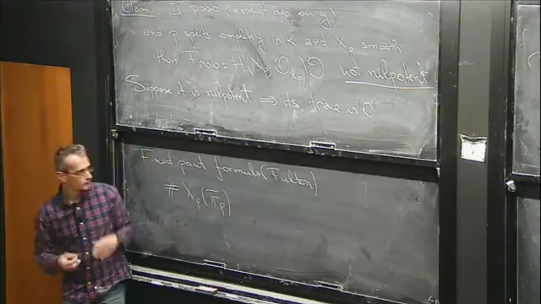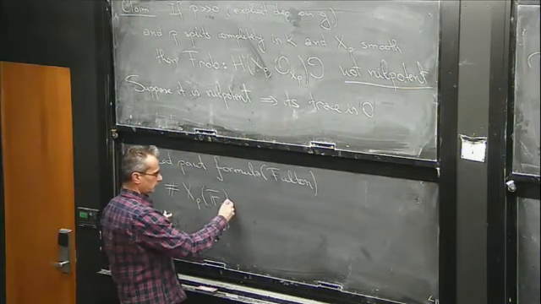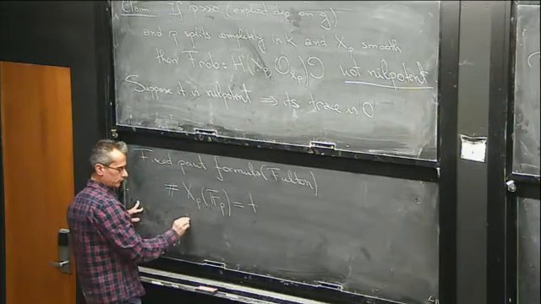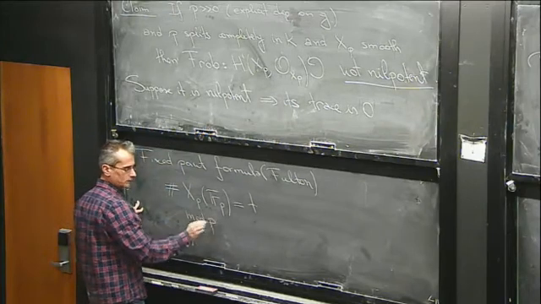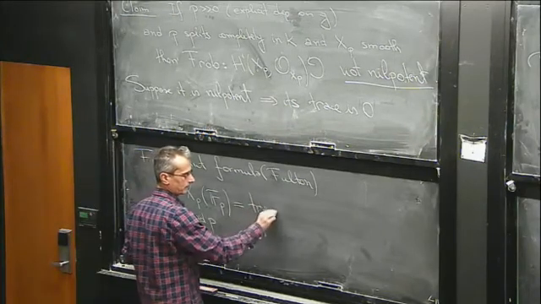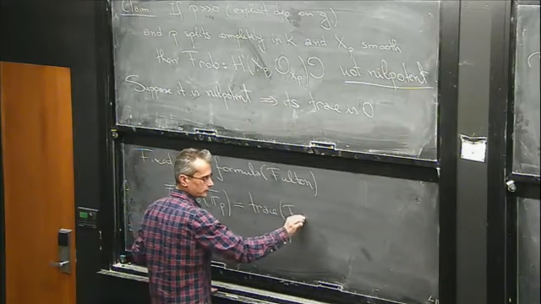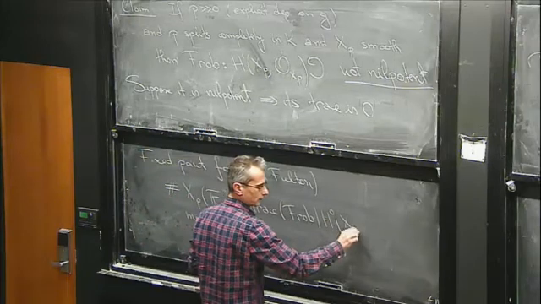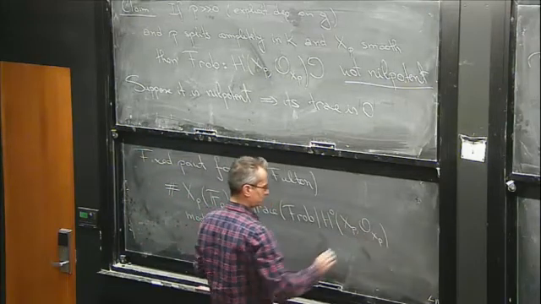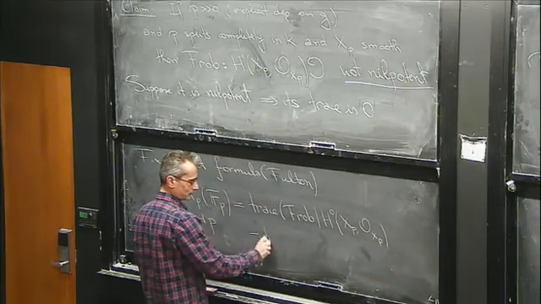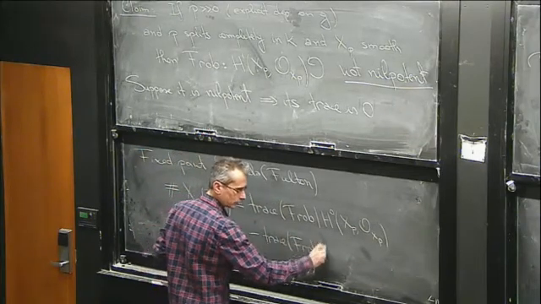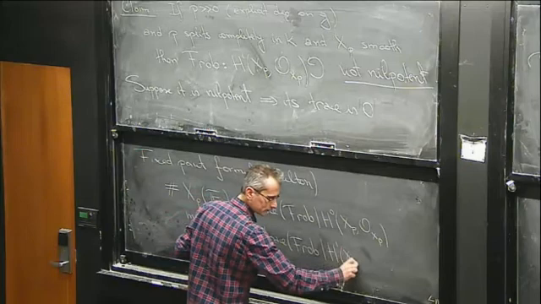So this is equal, mod p, to the trace of the Frobenius on H0 of Xp, O_Xp, minus the trace of the Frobenius on H1 of Xp, O_Xp.